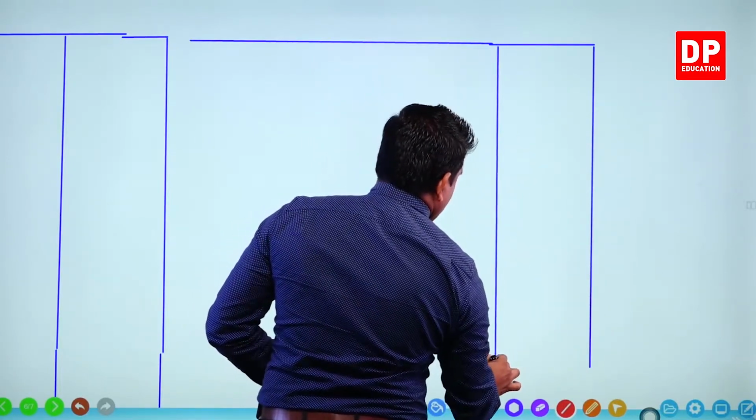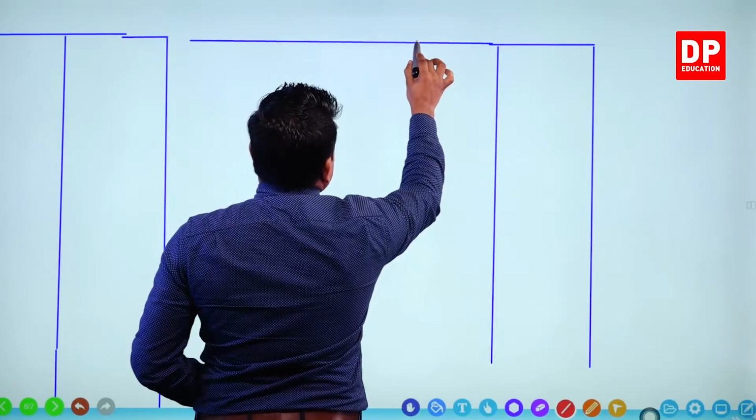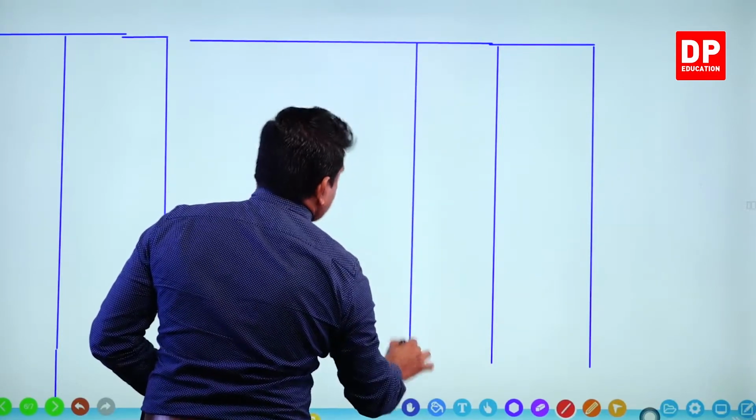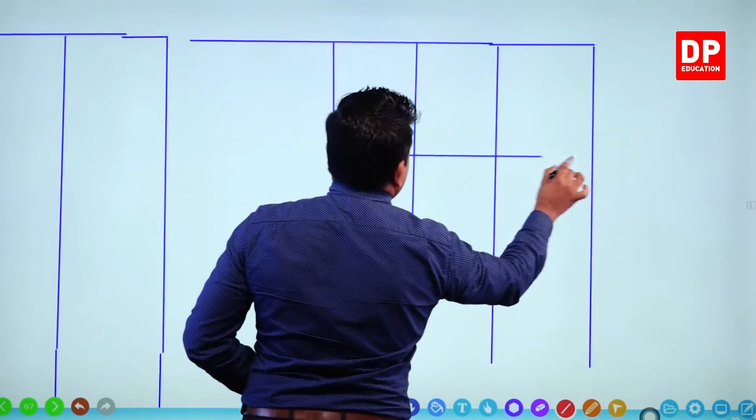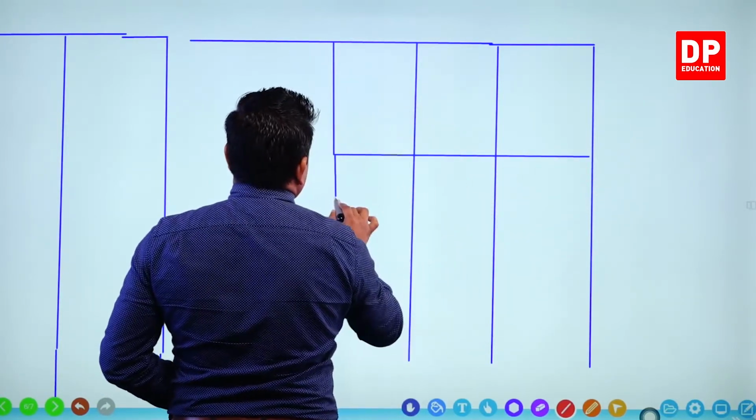Here also we draw 3 columns, but in the first column we stop here. Why? In this area we write non-current assets.